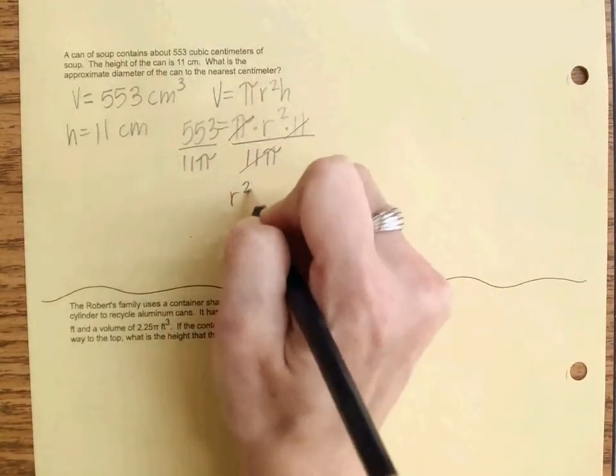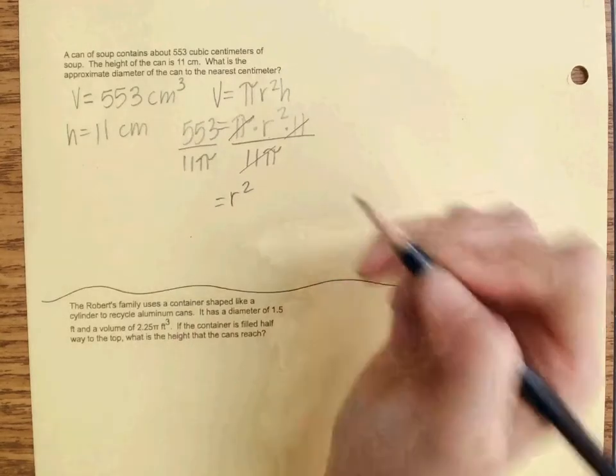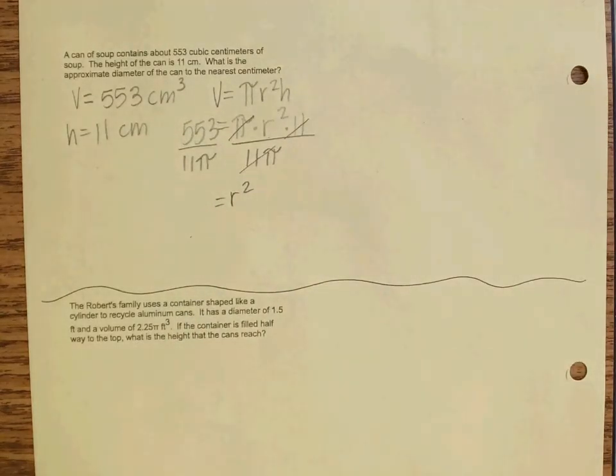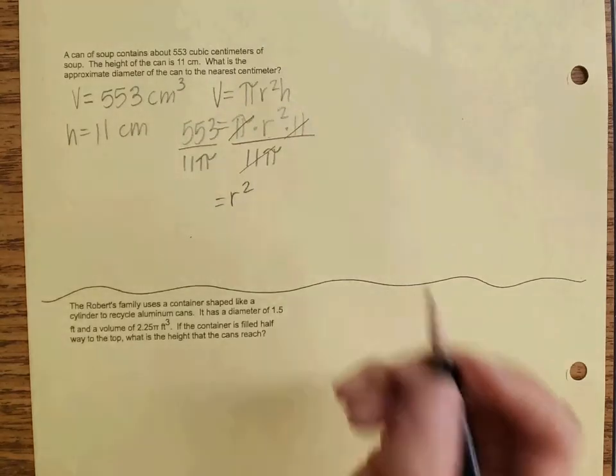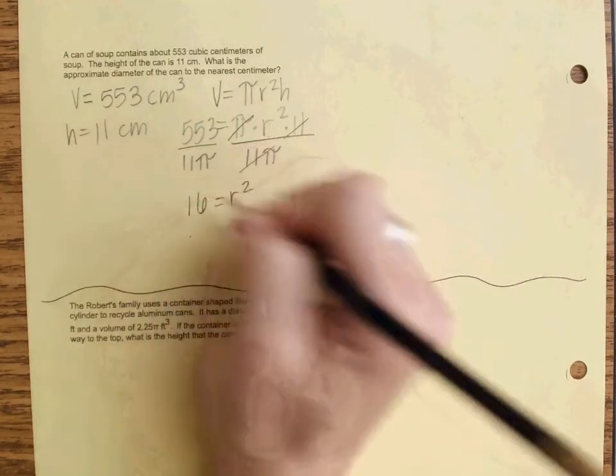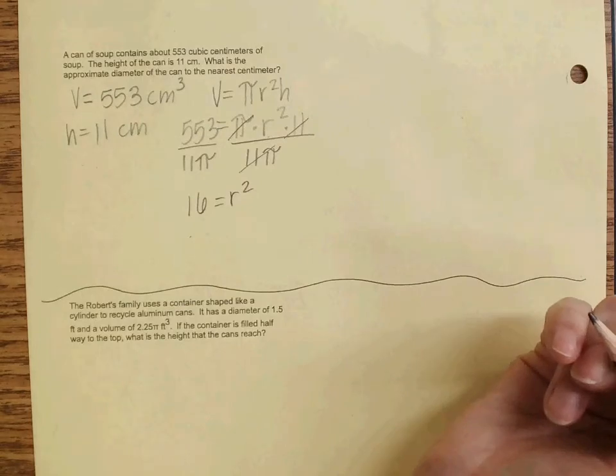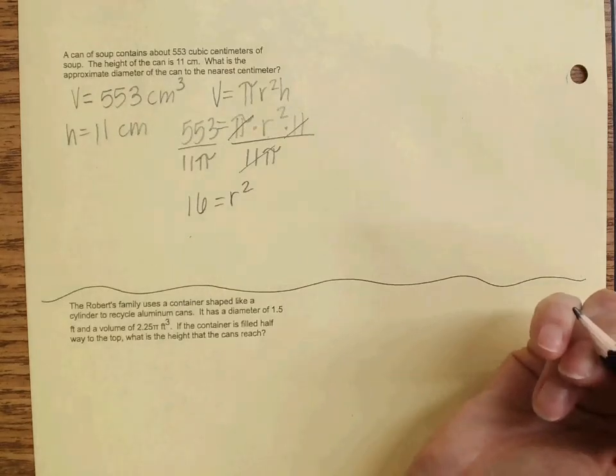I have r squared is equal to about, so we're going to approximate 553 divided by 11 pi. We're going to go ahead and round that to 16.